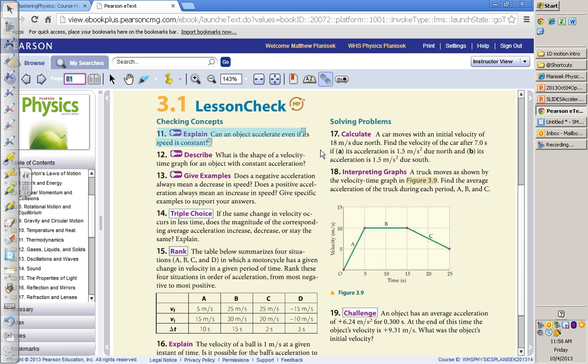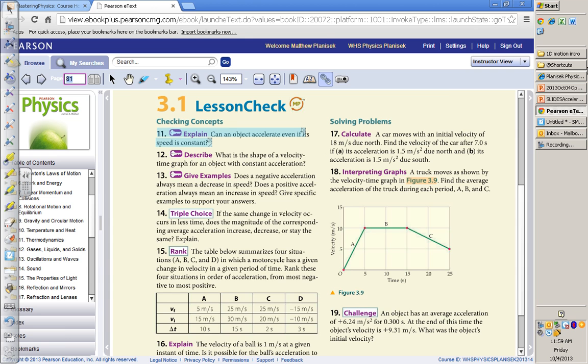Because we talked about acceleration being defined as the change in velocity over time, and it can look three ways. What counts as acceleration? Well, in this case, turning. But the two that we think of most often are speeding up and slowing down.